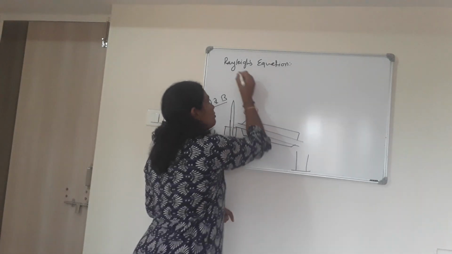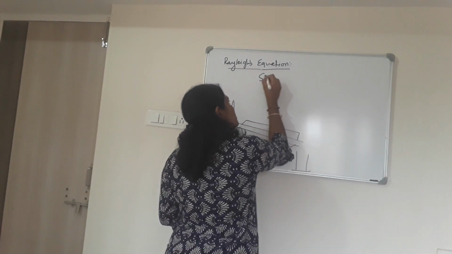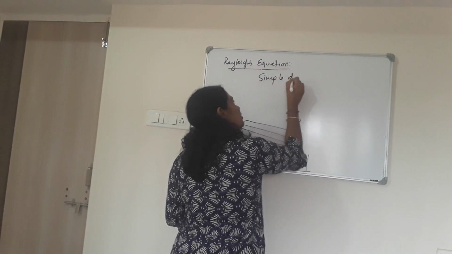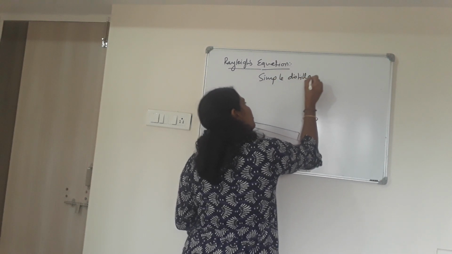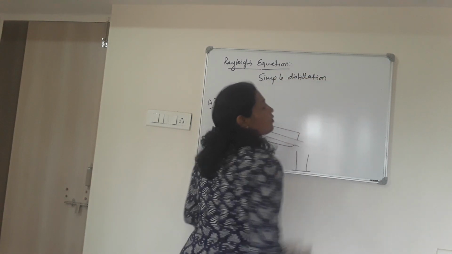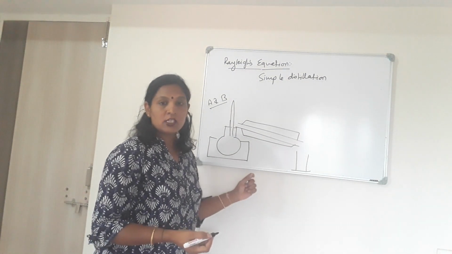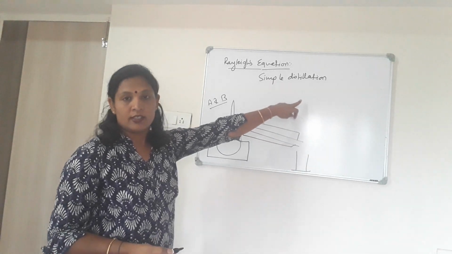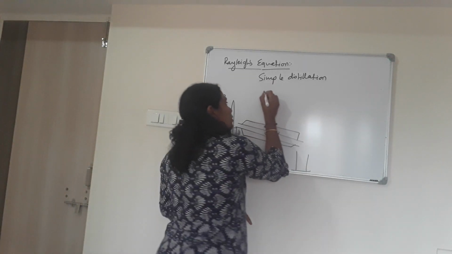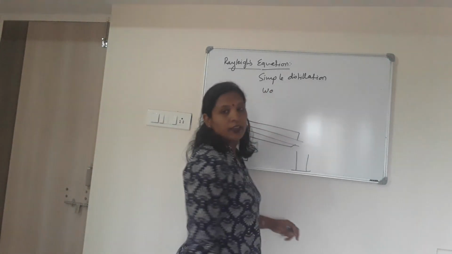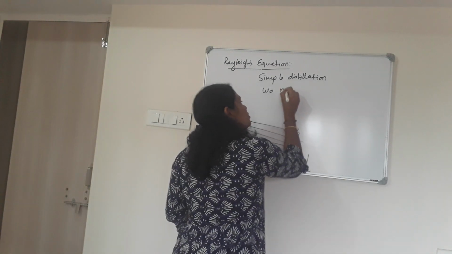So in simple distillation, vapor is generated first by heating the liquid mixture and that vapor is immediately condensed. Suppose this mixture contains W0 moles initially.